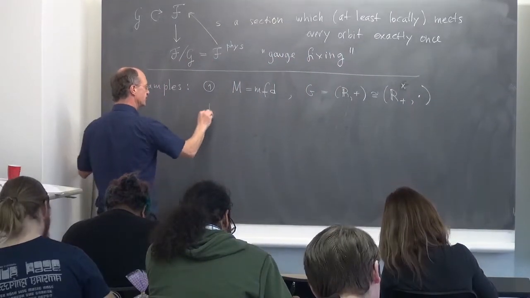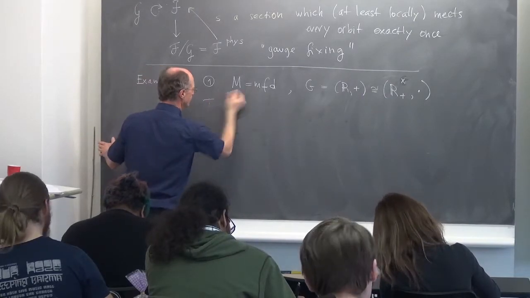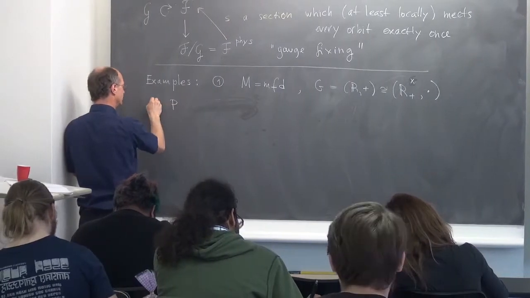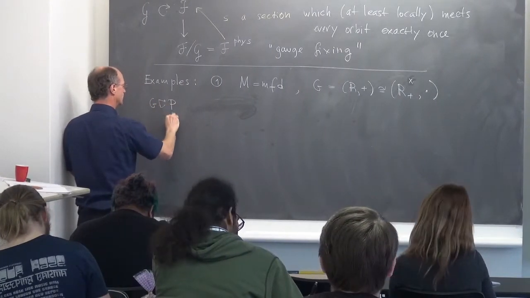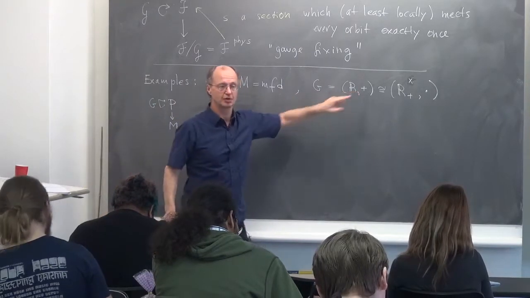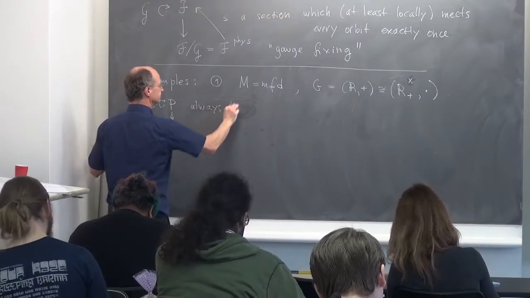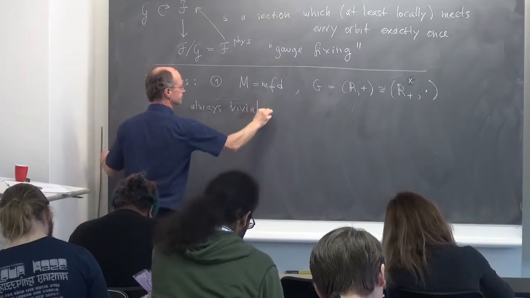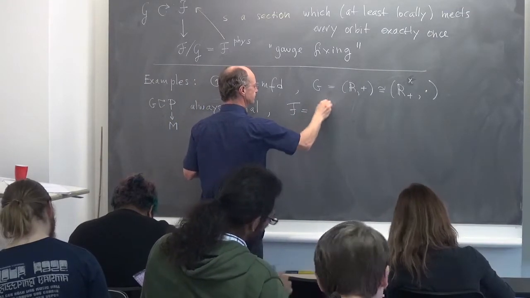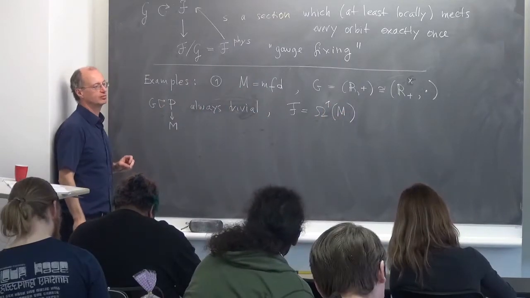We know that in this case, well, maybe a comment, a principal bundle P with a contractible group is always trivial. So this means that the space of gauge fields is simply omega 1 of M.